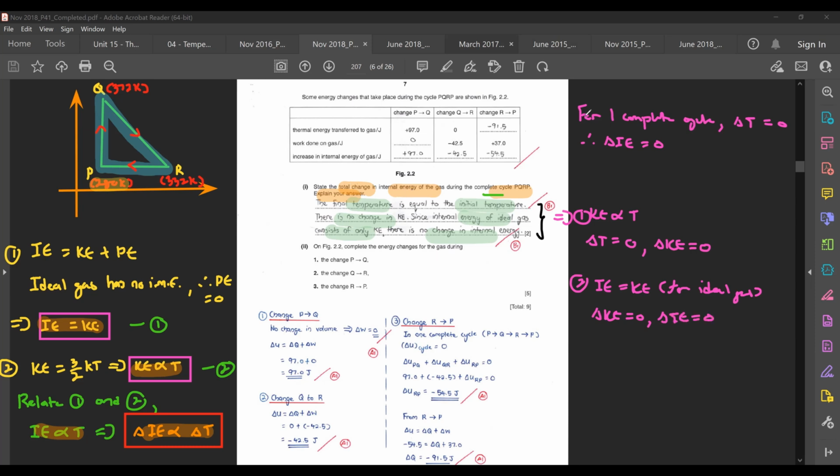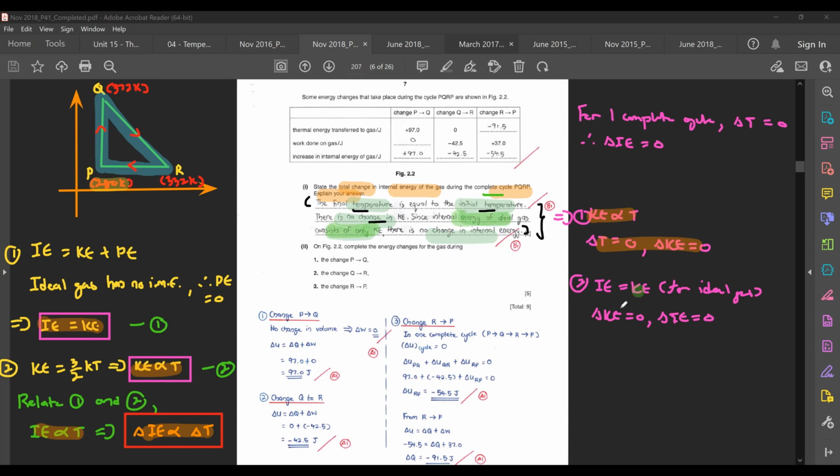This is according to what your written answer here is explaining. Because you say that your final temperature is equal to initial temperature, there's no change in your KE. That one is referring to point number 1 here. And then after that, you have to relate to the part that internal energy of ideal gas is only KE.